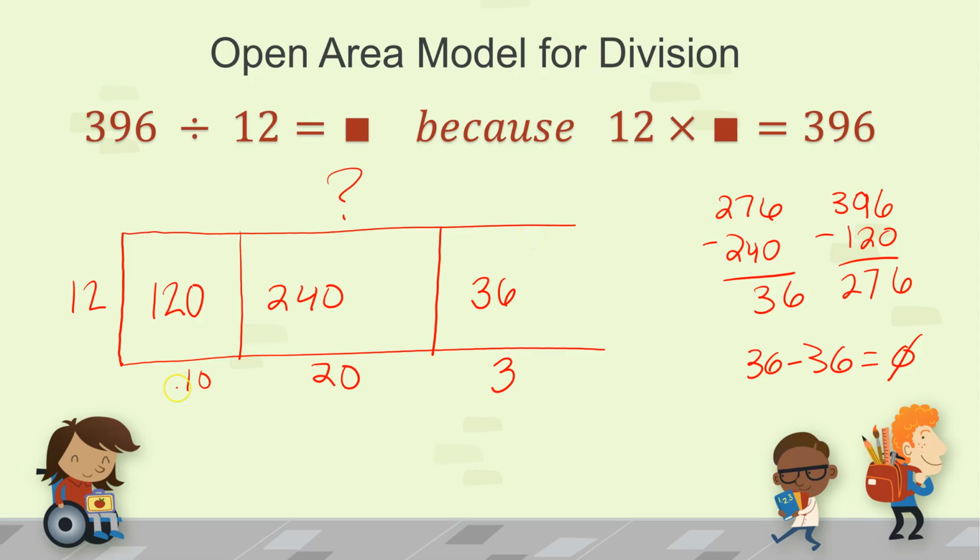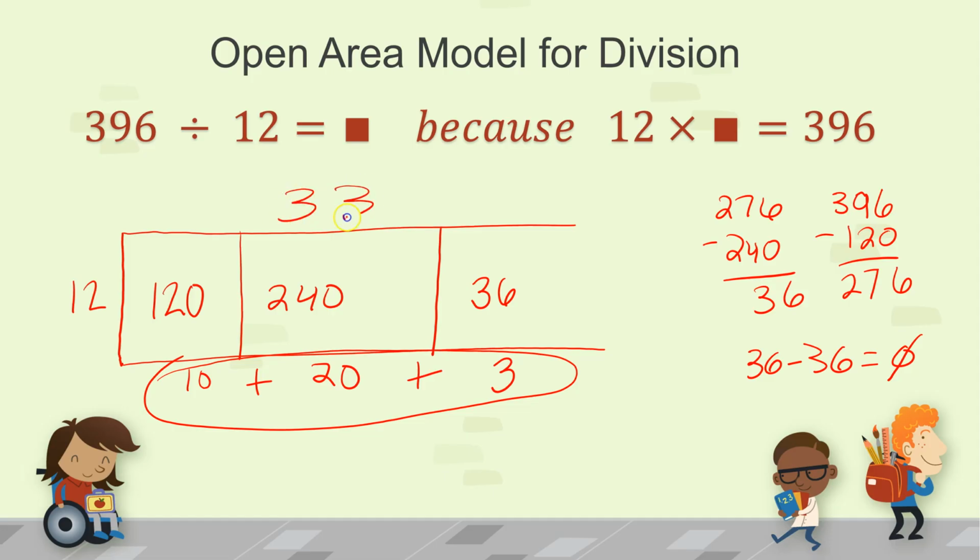So I have used up everything. So to answer this question, what goes on the top of my rectangle? This question mark is 10 plus 20 plus 3. And that is 33. Therefore, 12 times 33 is 396.